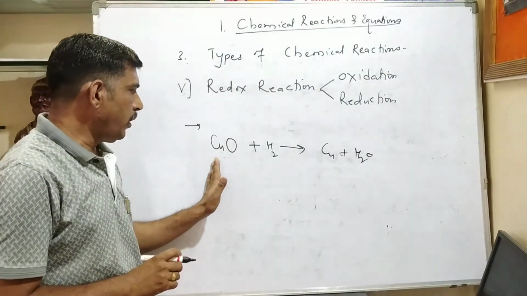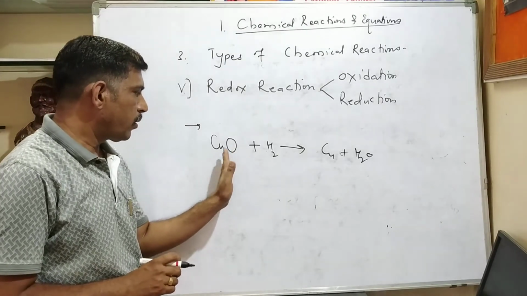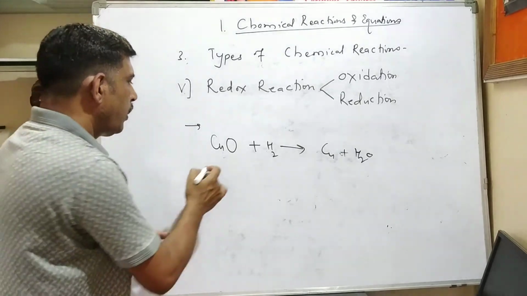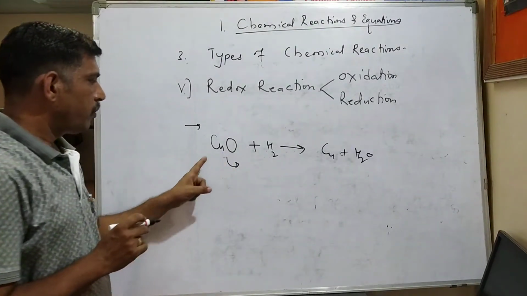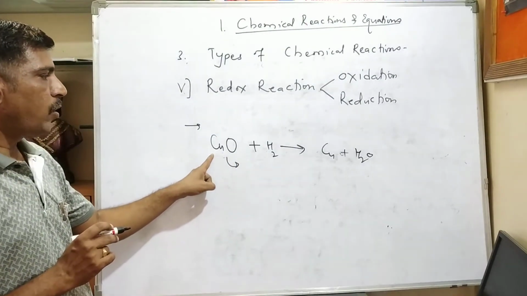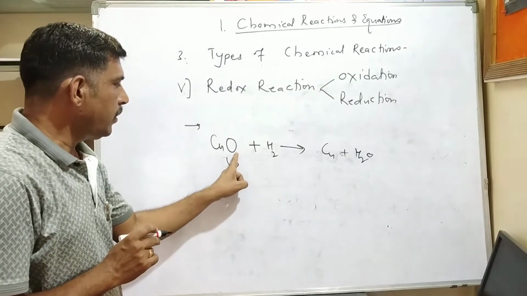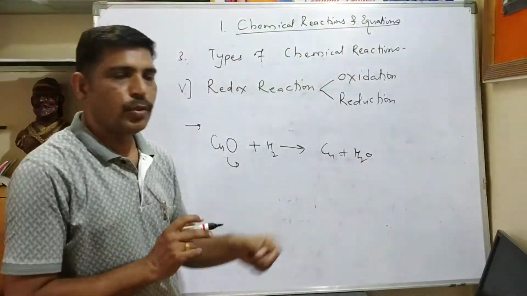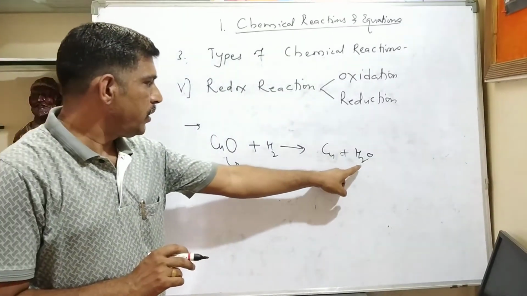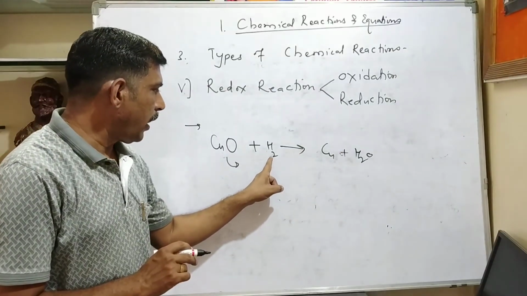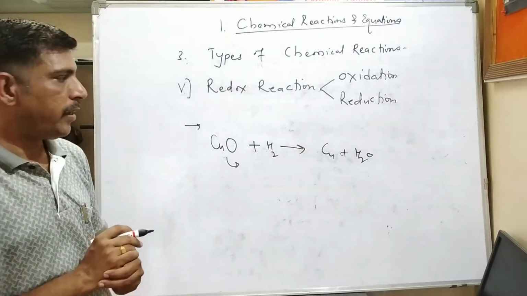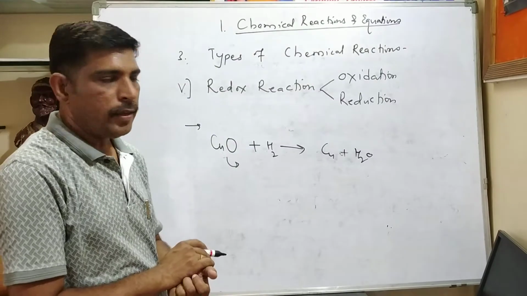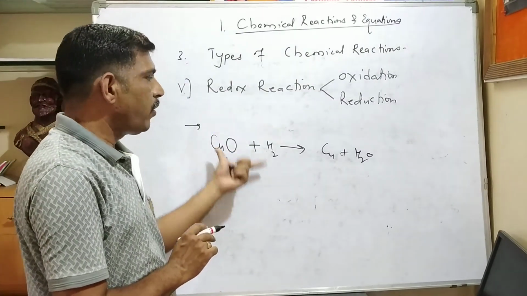So here the copper oxide is treated with the hydrogen gas. Then what happened? There is a removal of oxygen. Okay, that means reduction for this copper takes place, and there is an addition of oxygen to this hydrogen and formation of H2O. That means the oxidation of this hydrogen takes place, and the water molecule forms, and the copper becomes free. Okay, so this is the example for the redox reaction.